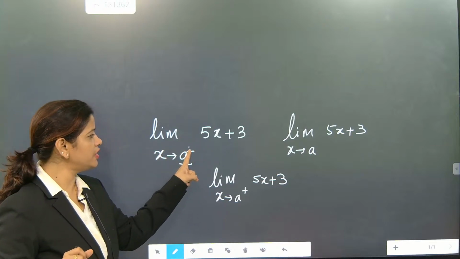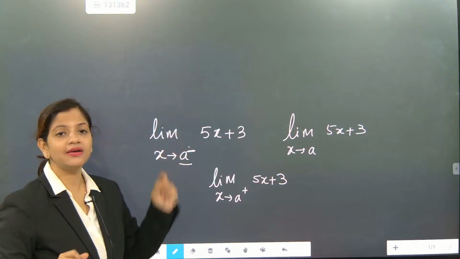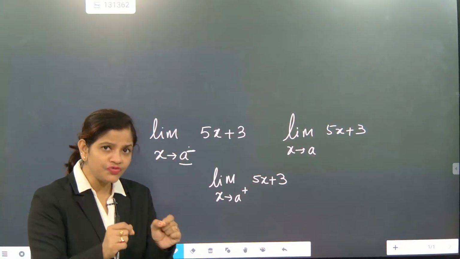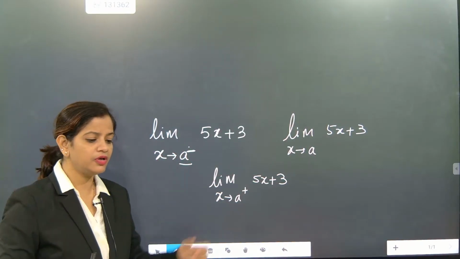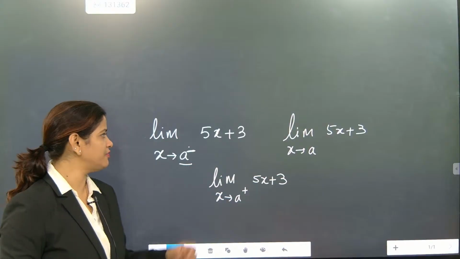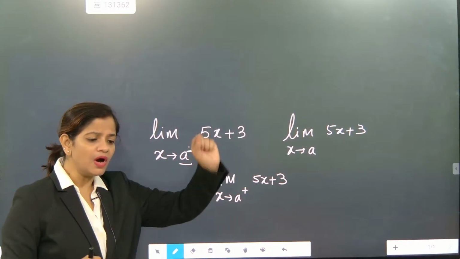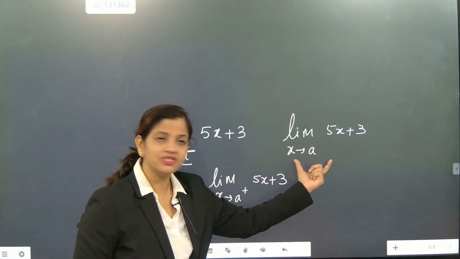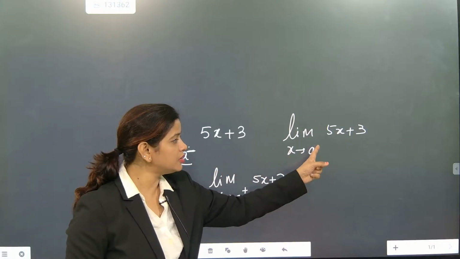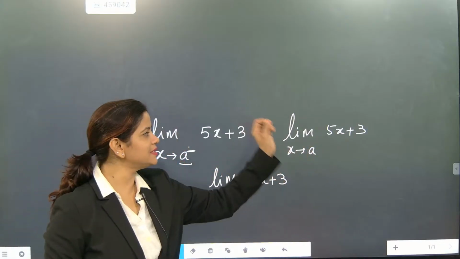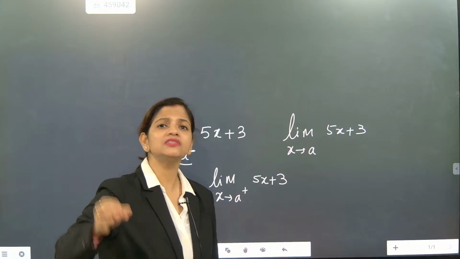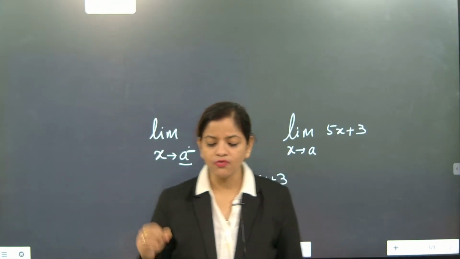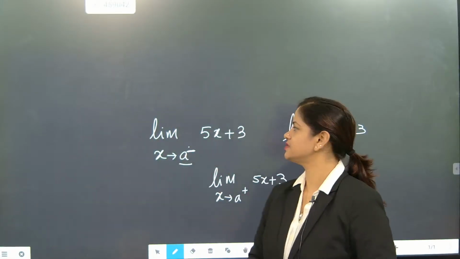Whenever in top, if you see minus, understand that you are shifting a little bit left. When you see plus, you are shifting a little bit right. But beta, when you do not see anything on the top, it means it is the exact value. Now, what is the correct mathematics and how we people are killing mathematics?